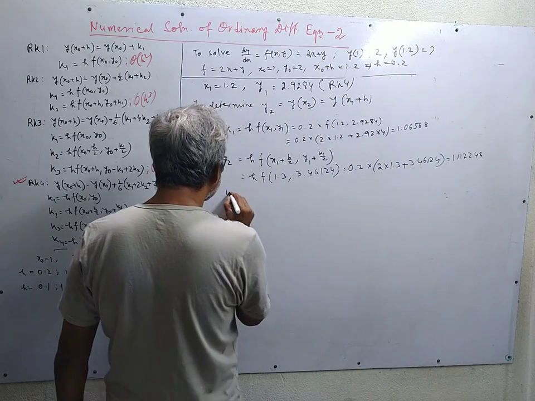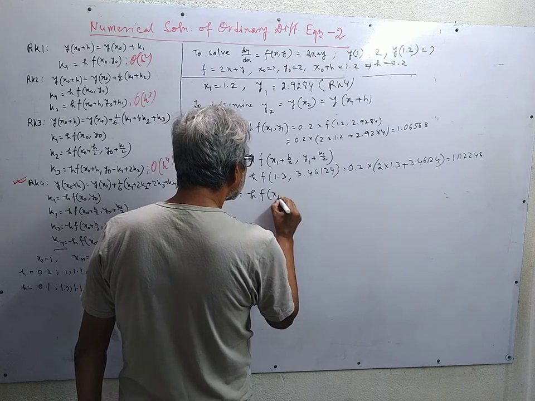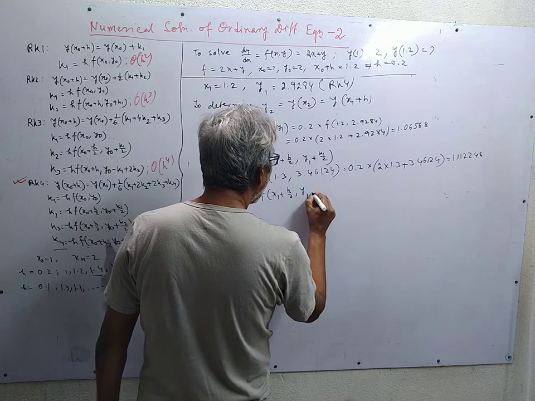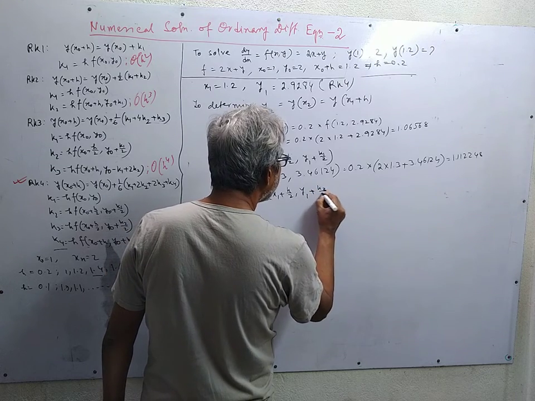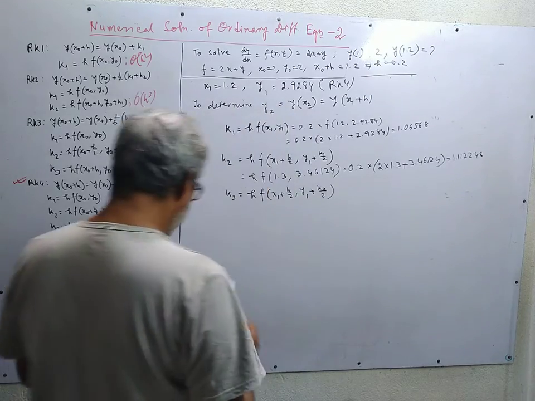Now coming to K3. K3 is h f of x1 plus h by 2, y1 plus K2 by 2. And the K2 value is known.